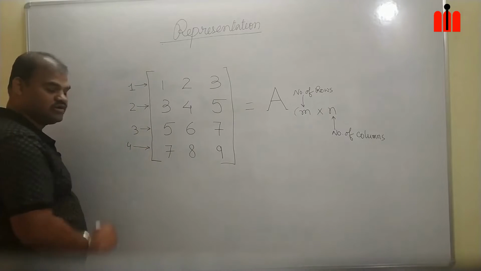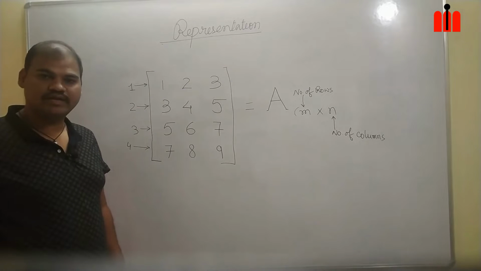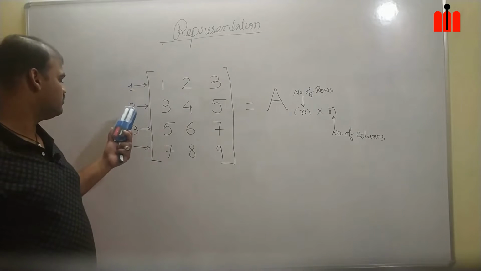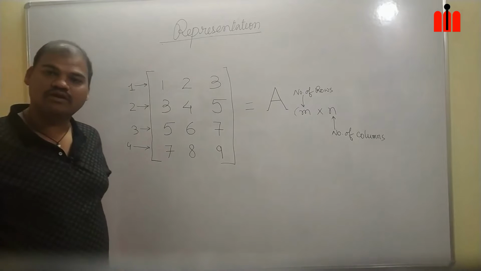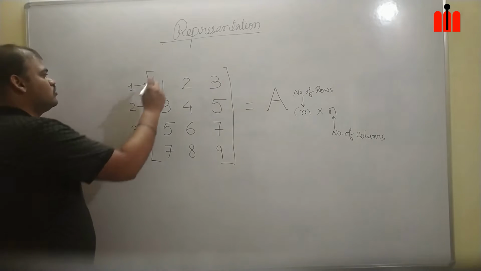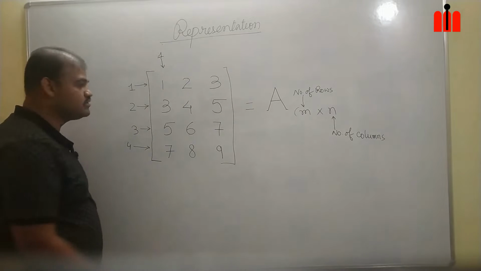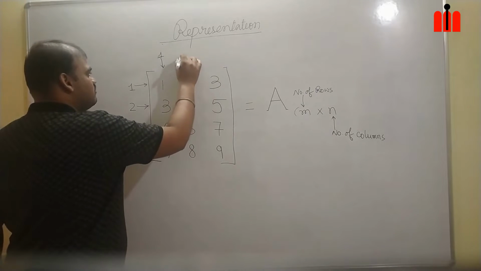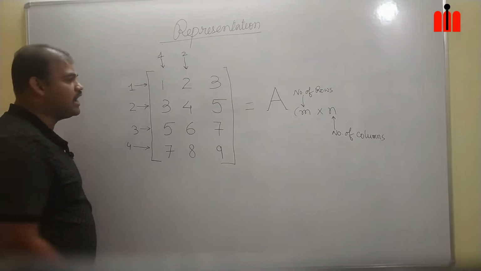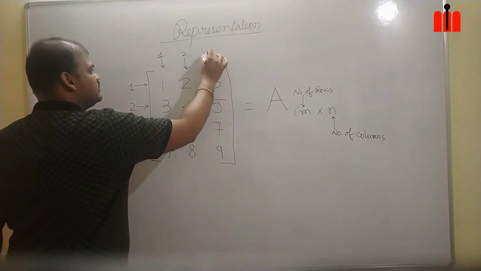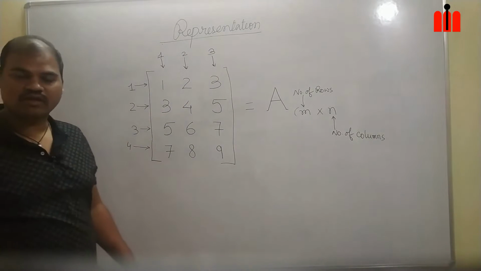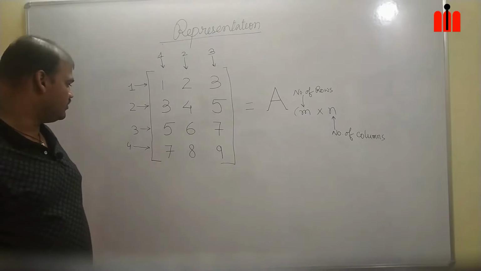This is number 4. If you look into columns, this is our column number 1, this is our column number 2 and this is our column number 3.